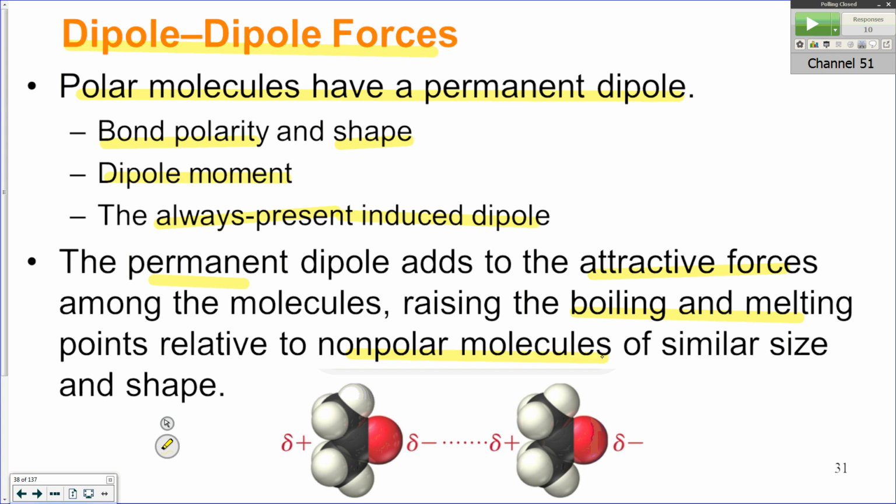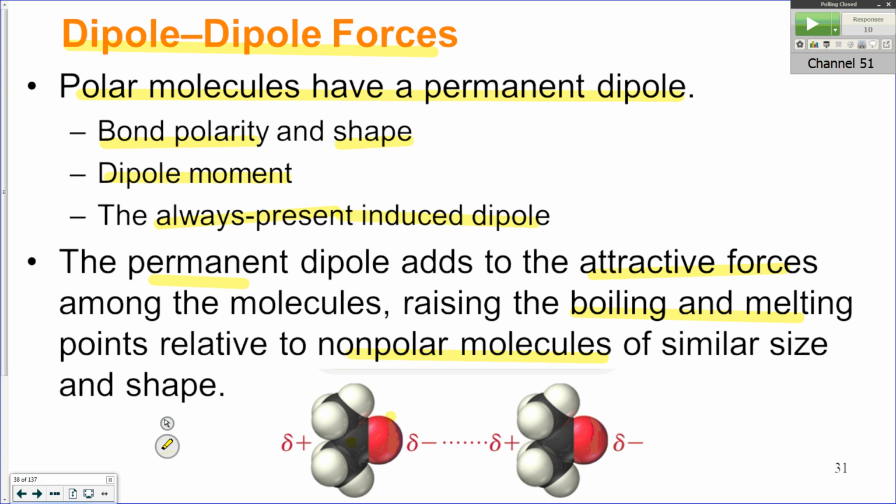Nonpolar molecules of similar size or similar shape are not going to have a dipole. So this is an example of a compound. The carbon is the charcoal colored atom. The red is the oxygen. There's a difference in electronegativity in this.